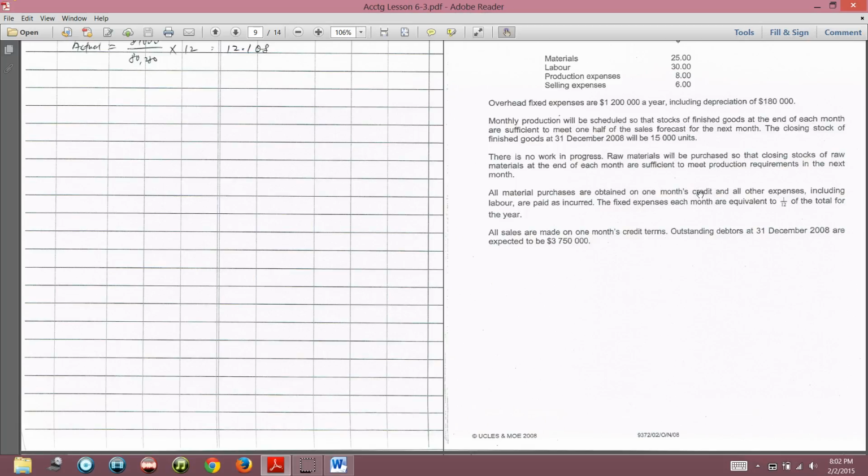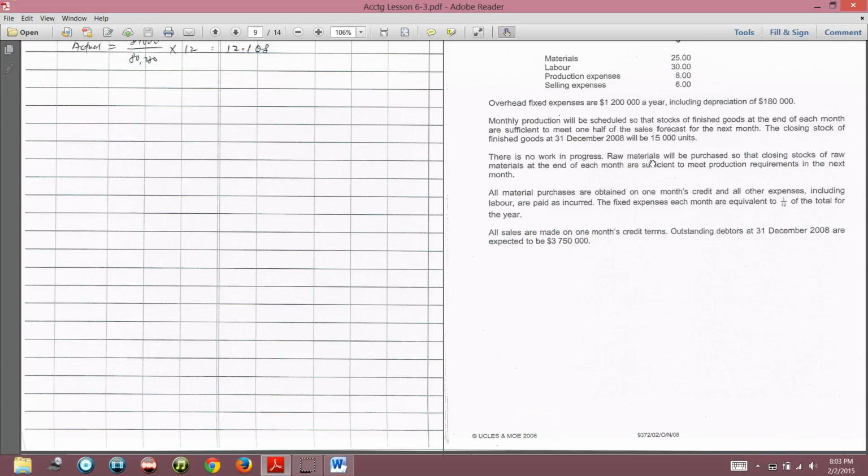So you must buy enough in January for February production, but the purchase of January will only be paid in February.